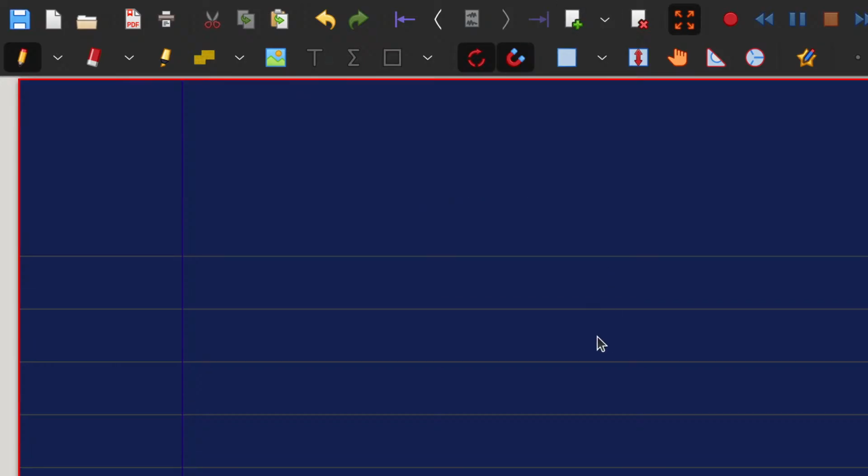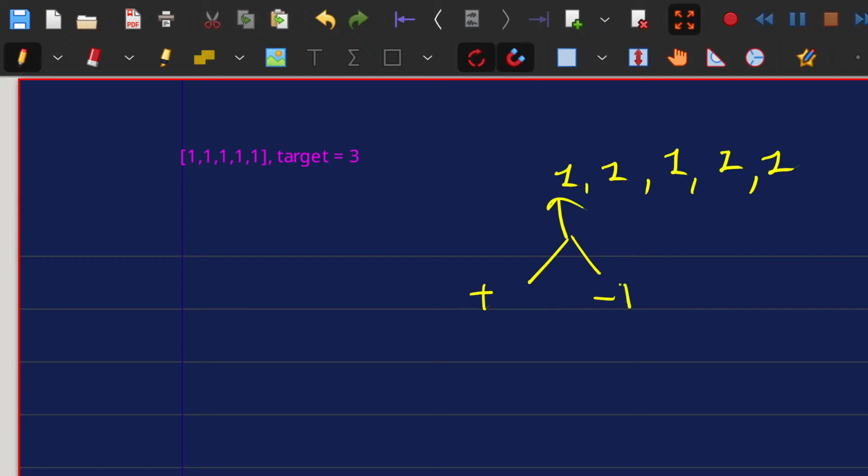We have this array of 1, 1, 1, 1, 1. So let's say we are at this index. Either we add this, or subtract this. Right? If we add this, this becomes 2, this becomes 4, right?